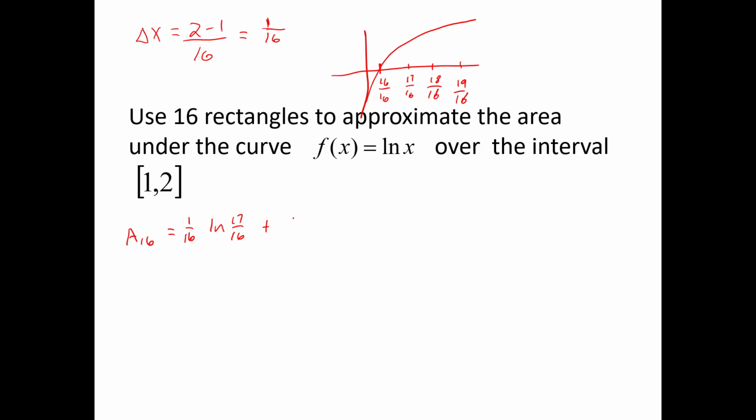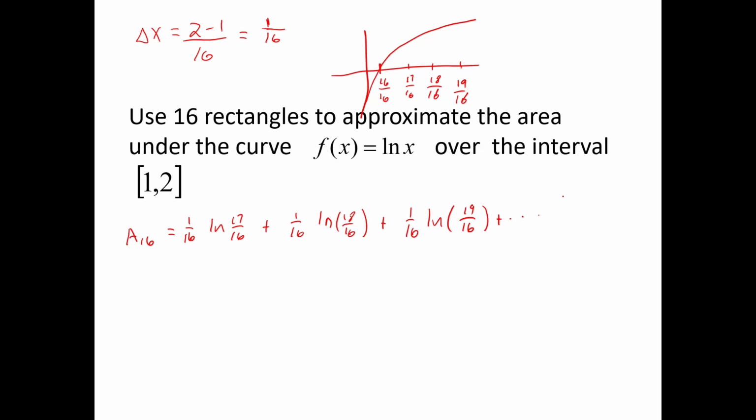For the next rectangle, you get 1/16 is your width. Your height you're going to get by finding the natural log of 18 over 16. And then you get 1/16 natural log of 19 over 16.